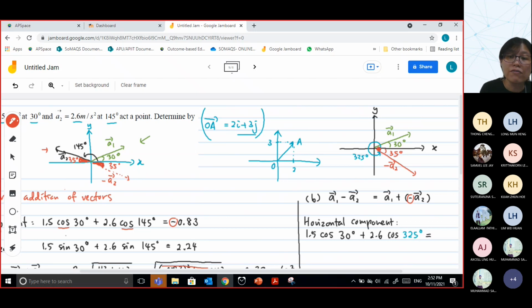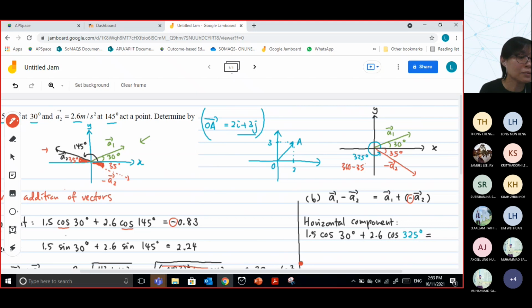So if I measure from the positive x-axis until the negative A2, it will be 360 minus 35, which is 325. Get it, Saad? Okay, got it.